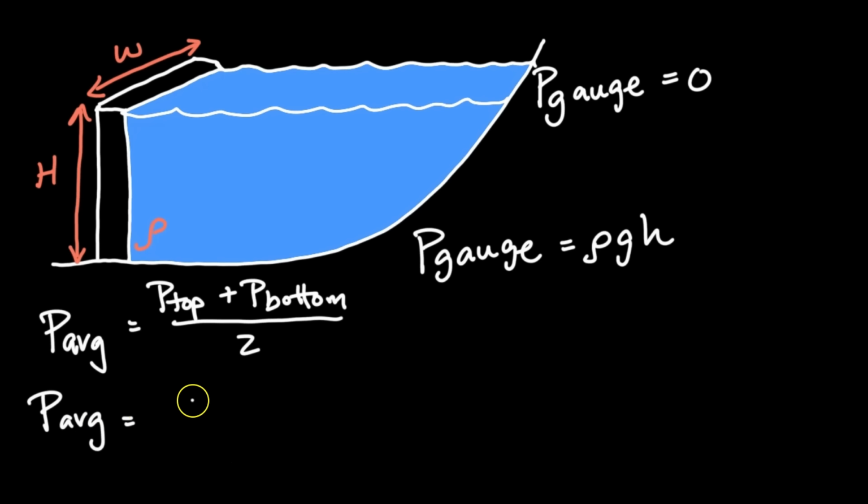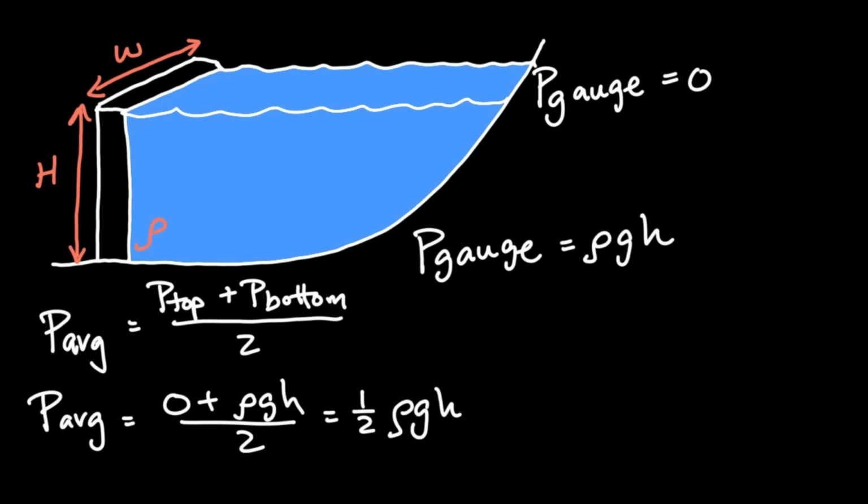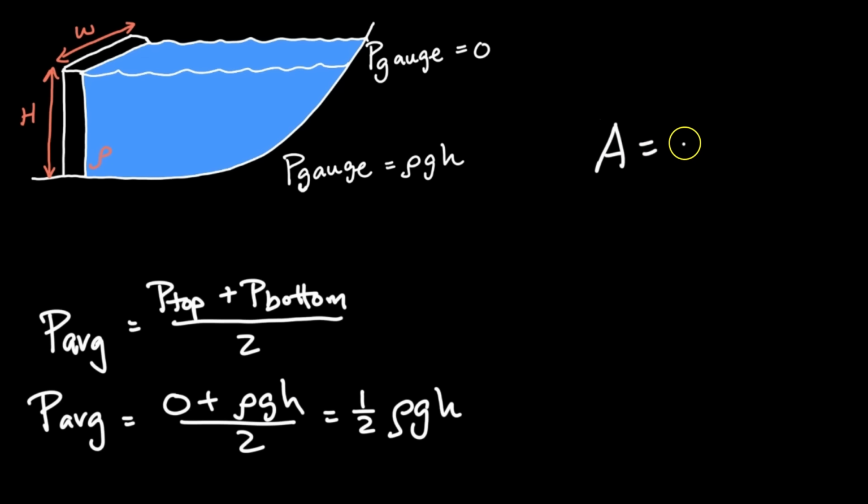So we get that the average pressure is equal to 0 plus rho gh divided by 2, which is 1 over 2 rho gh. Next, we need to find the area of the wall, which is the width of the wall times the height of the wall. Then we'll use the pressure equation, which is pressure is equal to force divided by the area. Because the pressure is not uniform, the force divided by area will give us the average pressure.